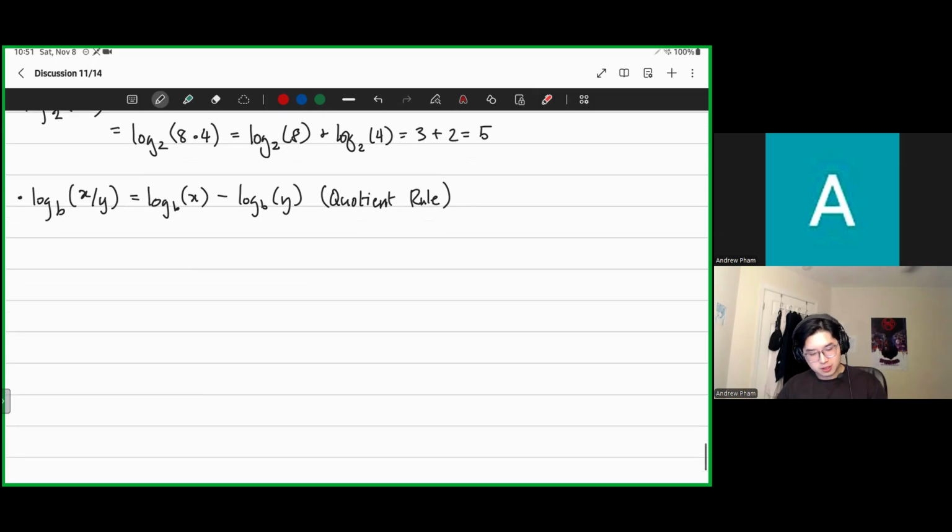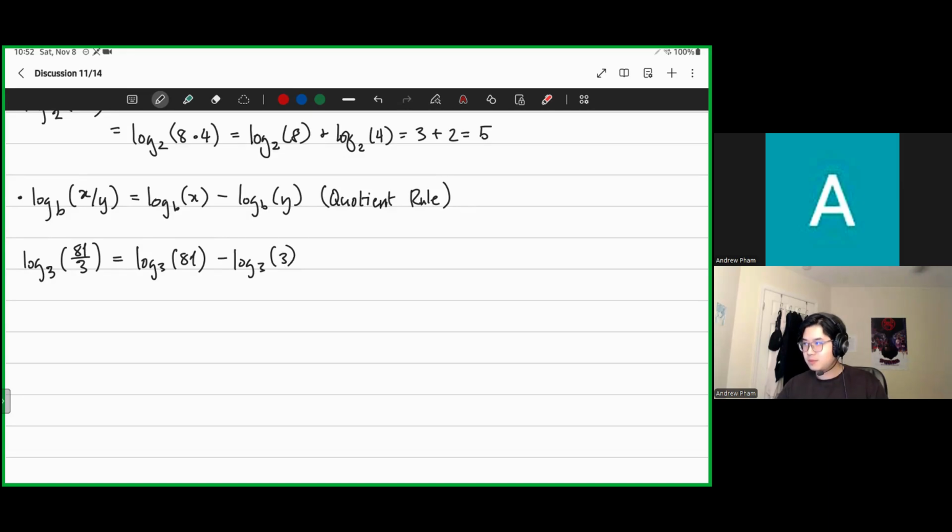So an example would be like this. If I have log base 3 of 81 over 3, I can break this up as log base 3 of 81 minus log base 3 of 3.